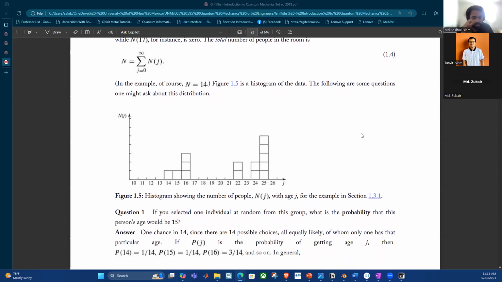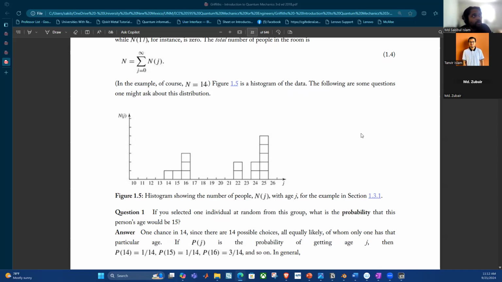So now, if anyone asks you to calculate the probability of a particular age, let's say, for example, randomly you are selecting a person. Probability is something like that: there should be some random choice. Usually in a random choice, you are selecting a person.